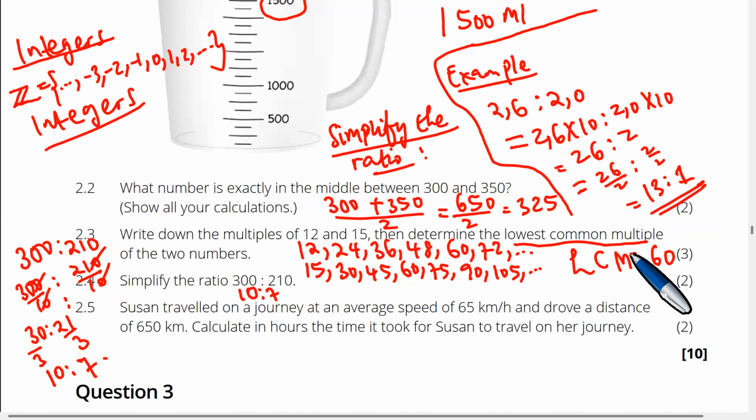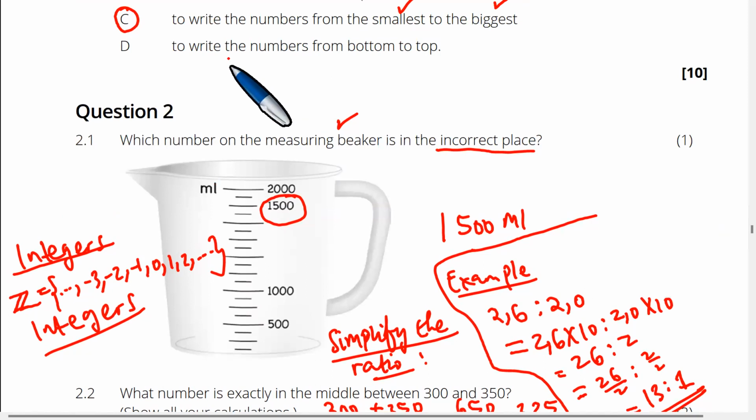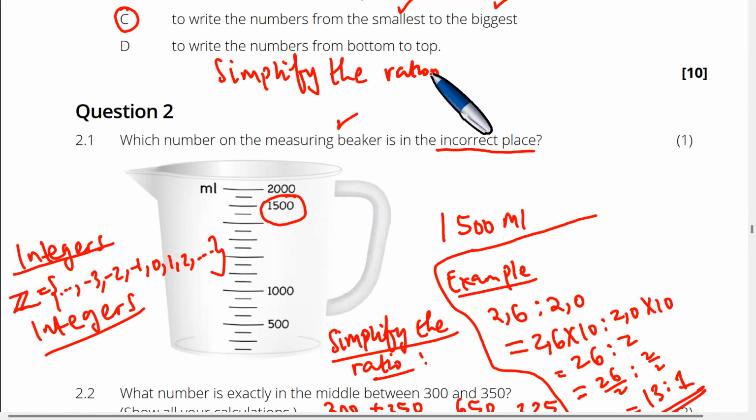Let me give another example of the simplification of ratios. Simplify the ratio 3,8 to 12.